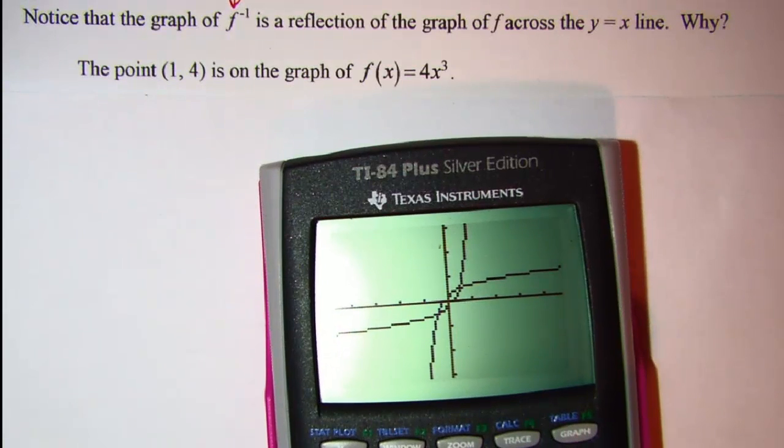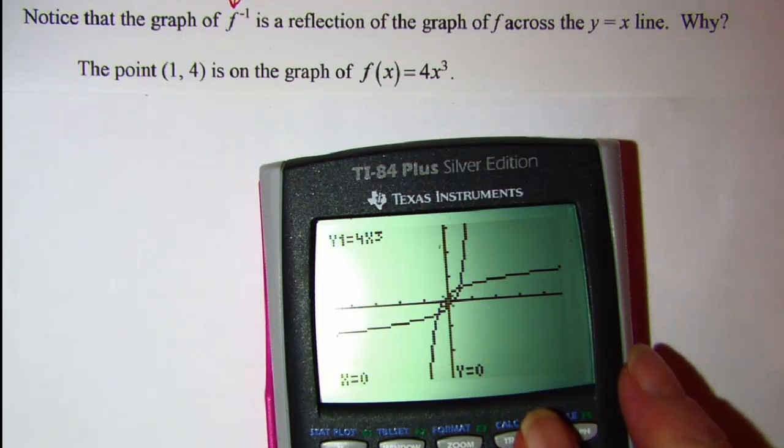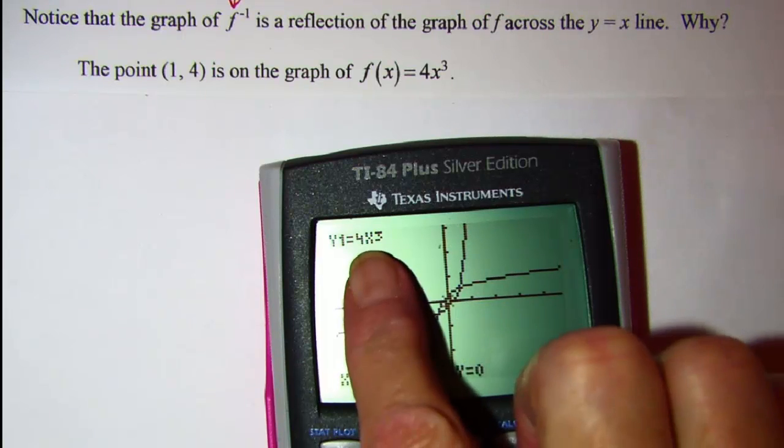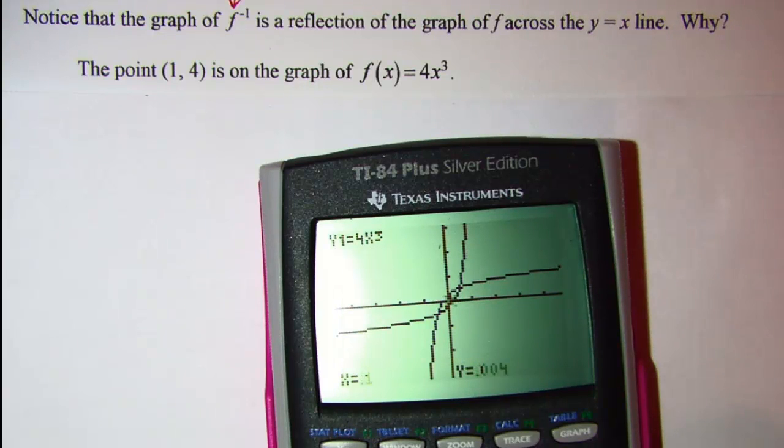Now the point (1, 4), if we do a trace on this, y equals 4x cubed. Let's go to (1, 4).